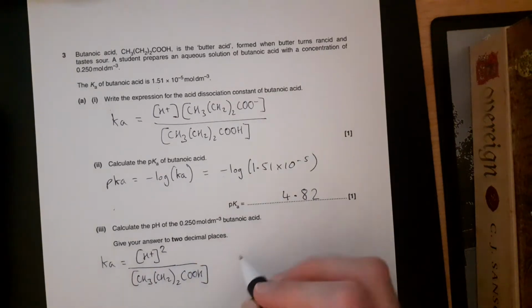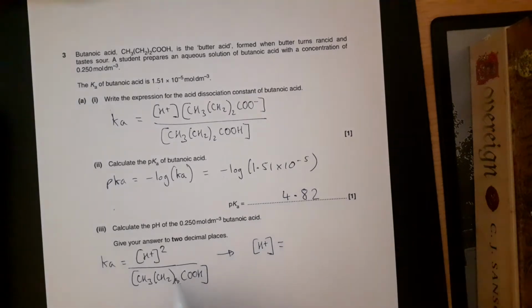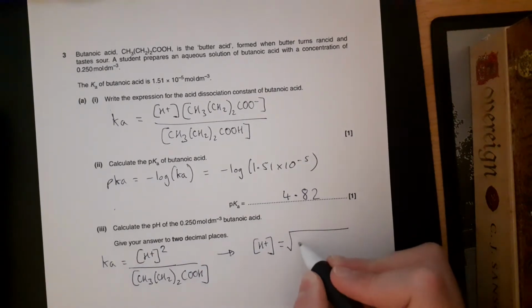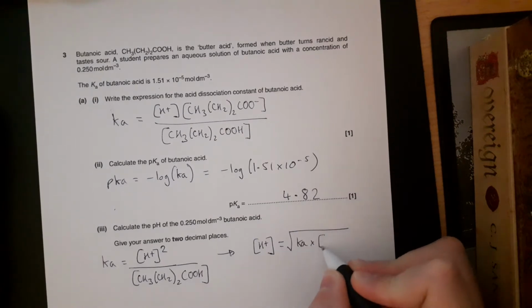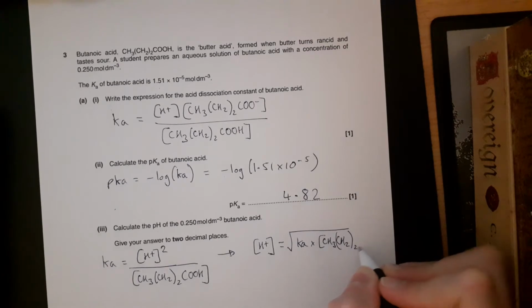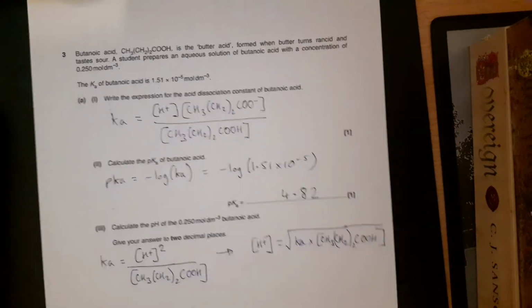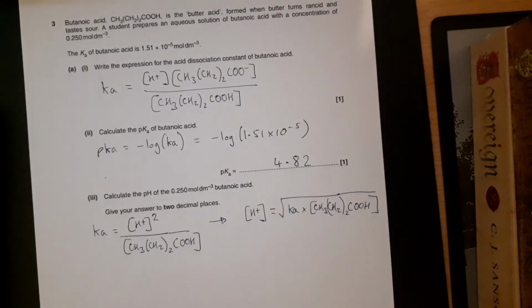And then if we want the H plus concentration so that we can do the pH, we're going to multiply by this, and then we're going to square root it. This should hopefully be a rearrangement that you get familiar with, because it happens quite a lot.